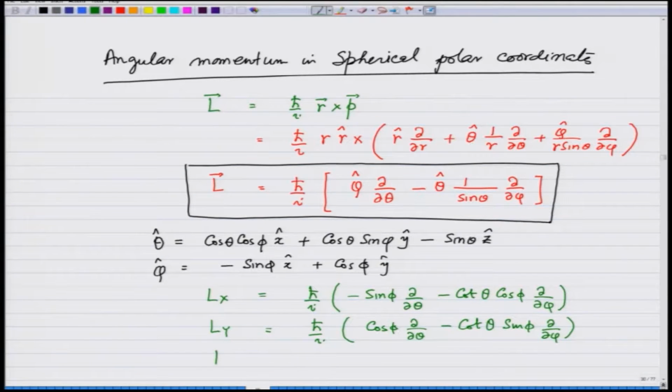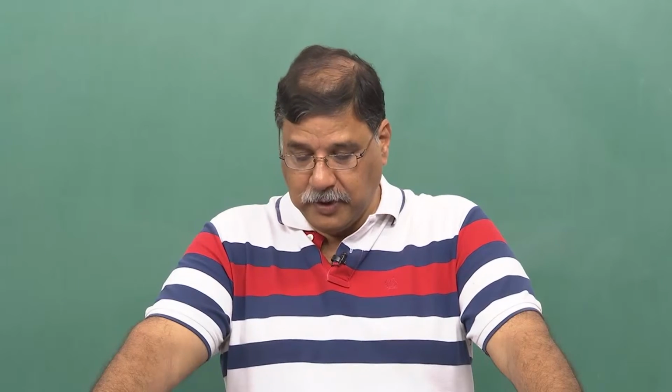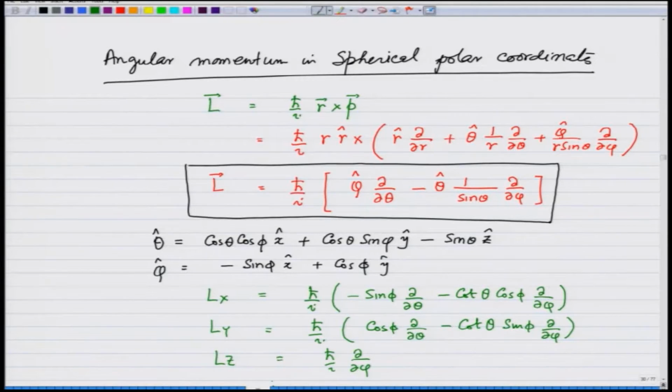And finally, Lz is the simplest, and this comes out to be h cross over i d over d phi. This is the Lz component. So, the components of angular momentum in x, y and z direction are given in terms of spherical polar coordinates like this. Let us rewrite them on the next page and discuss some of the properties.